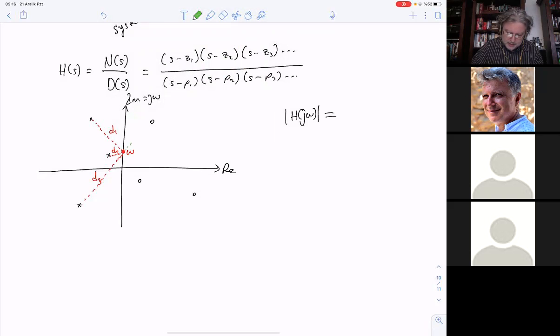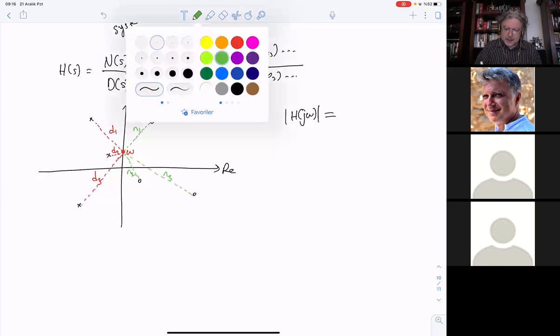This distance is to the first zero, for example. Let's call it N1. This distance is N2, and this distance is N3, okay?